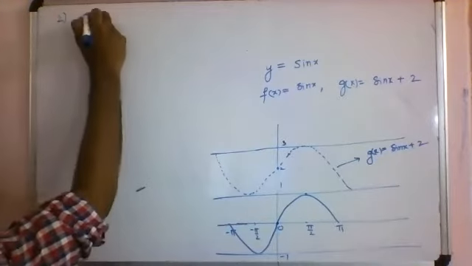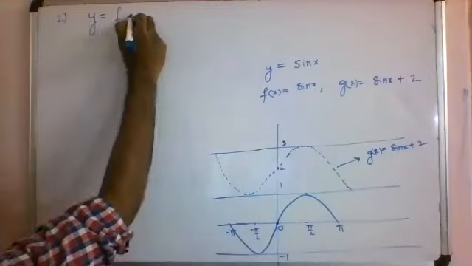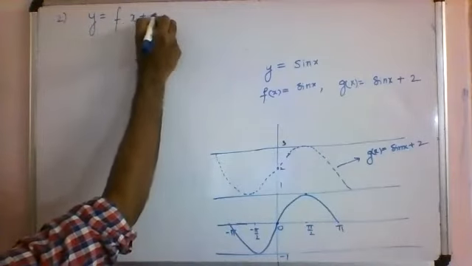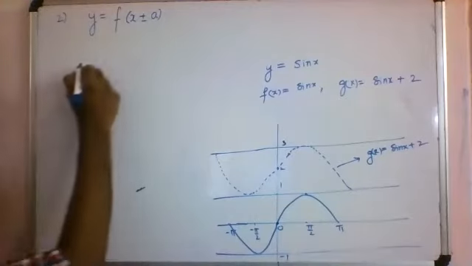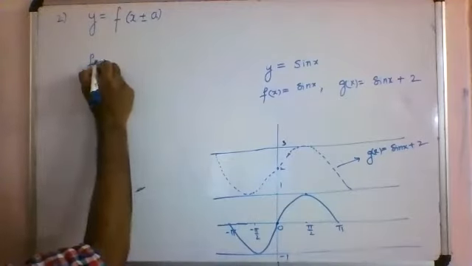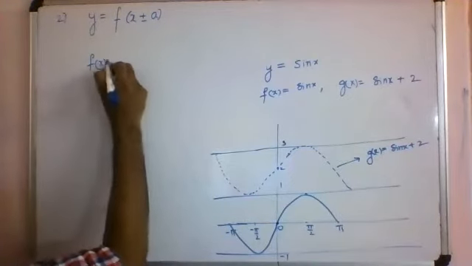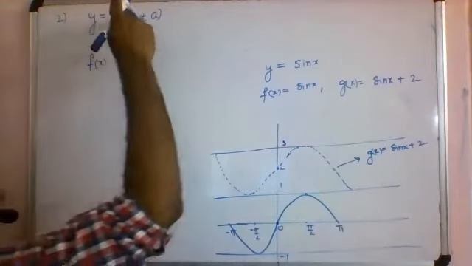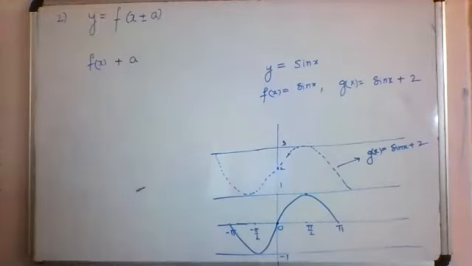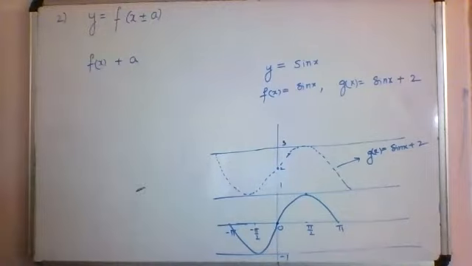Now the second one, if y is equal to f of x plus or minus a. In the first case, it is a function plus some constant. But here, to the domain itself, to x, we are adding or subtracting that constant.